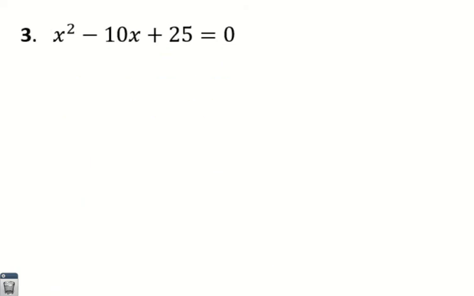Number 3, hey, look at that. It's already equal to 0. How nice. So can we factor this? Remember, if you can't factor, you got to use what? The quadratic formula.